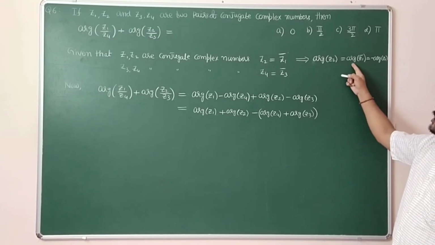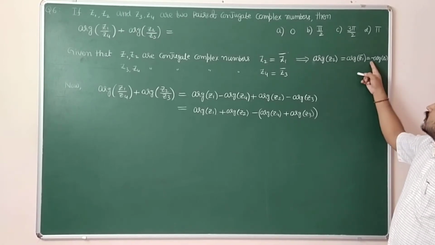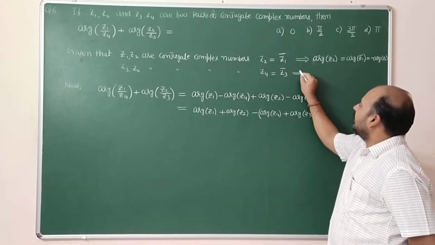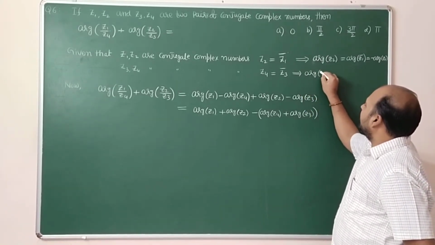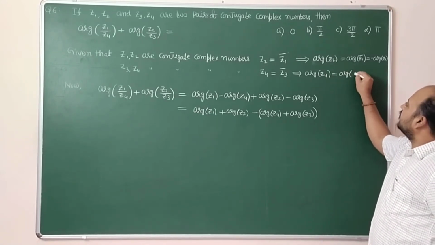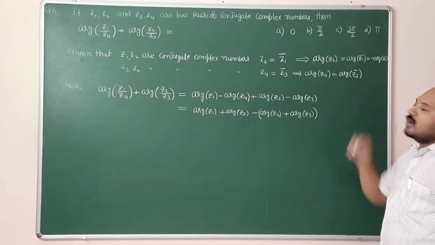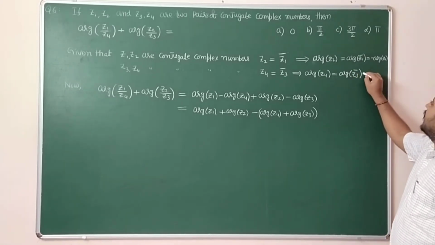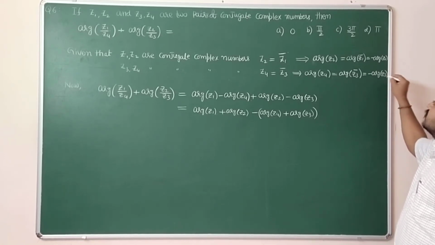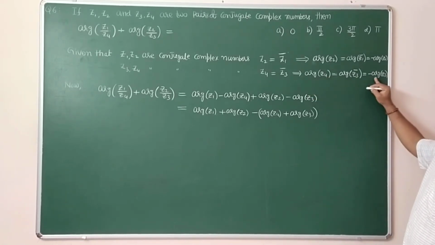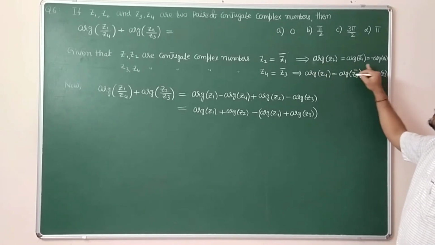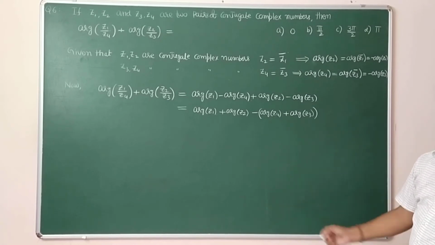Argument of Z2 equal to argument of Z1 bar, which is also equal to minus argument of Z1. Similarly, argument of Z4 equal to argument of Z3 bar, and argument of Z3 bar equal to minus argument of Z3. So wherever argument of Z4 is there, you have to replace it with minus argument of Z3. Wherever argument of Z2 is there, write minus argument of Z1.